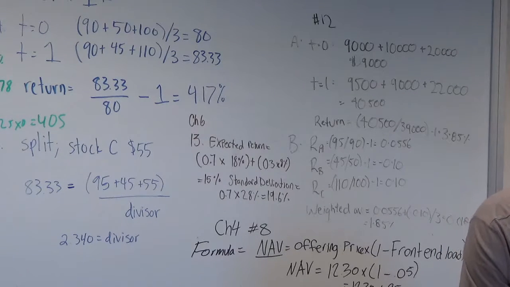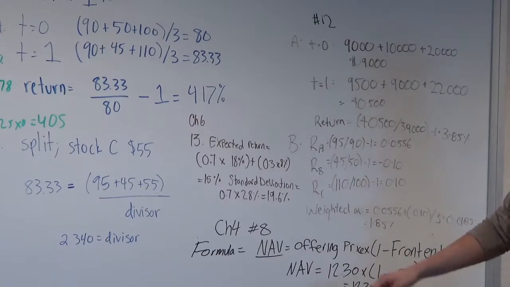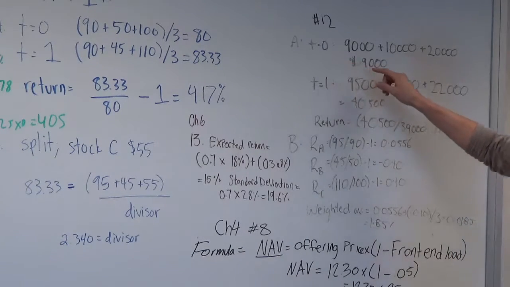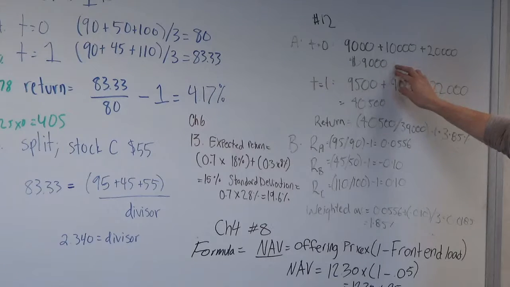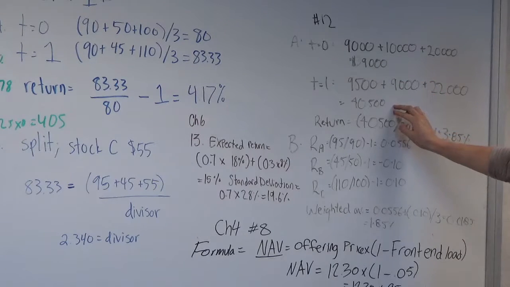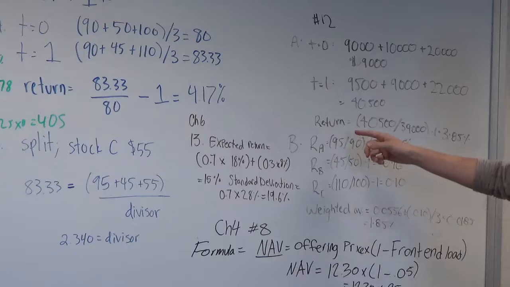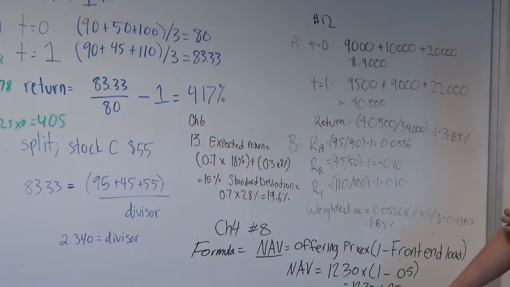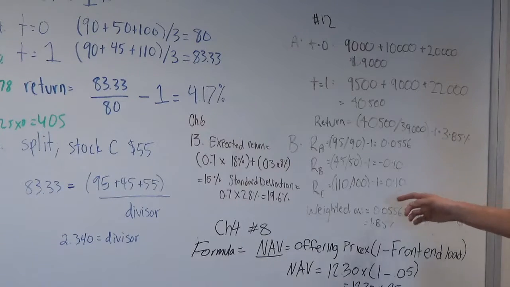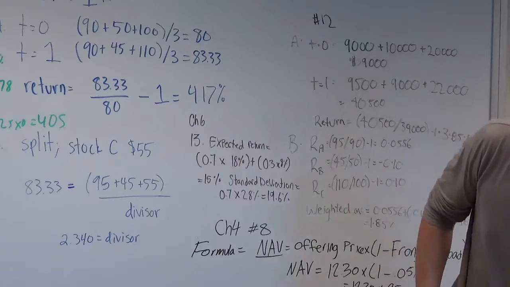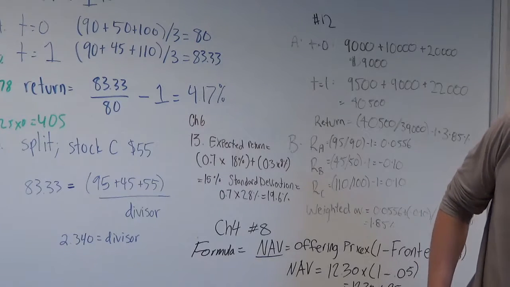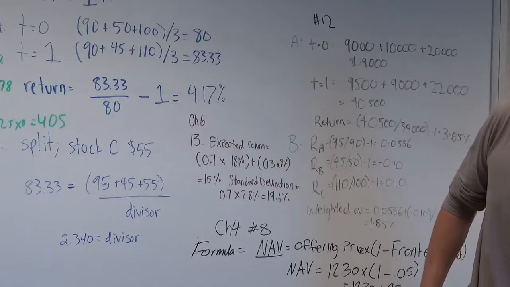values. And so I had to find the market value weighted index for A, so I just found the market value for each stock at time T equals 0, and then did the same thing for T equals 1. And then found the return by taking T1 and dividing it by T0 minus 1, that gave me 3.85%. And then for B, I had to find a weighted index for the assets.